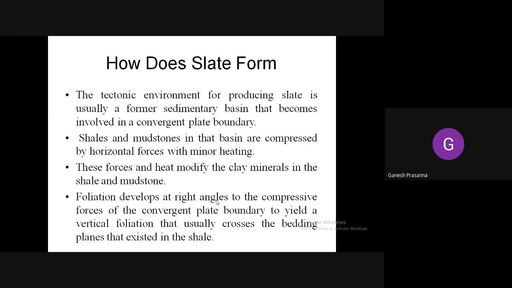Once the shales and the mudstones are subjected to compression, the forces being released usually modify the clay minerals, and they get converted into slate. Foliation, that is the development of the cleavages, will be at right angles to the compressive forces of the convergent plate boundary.